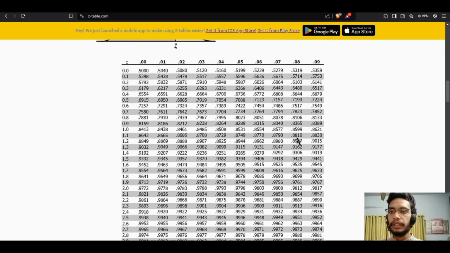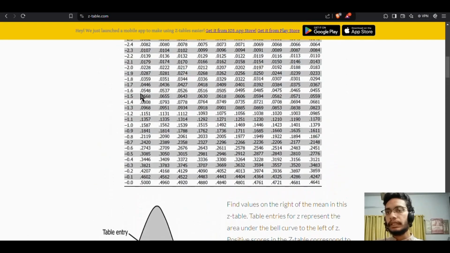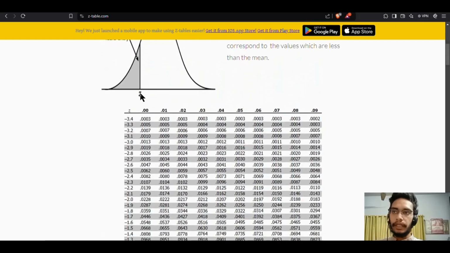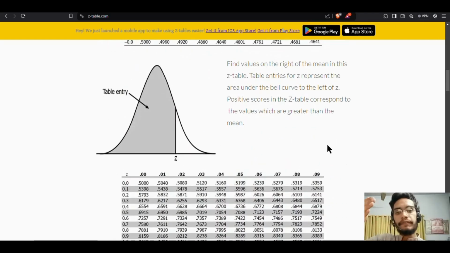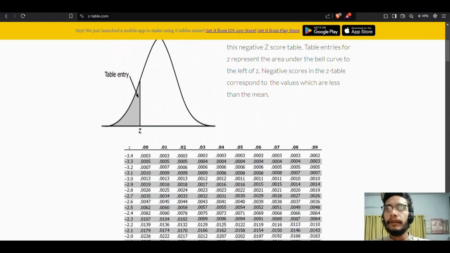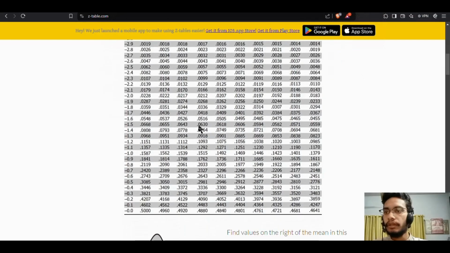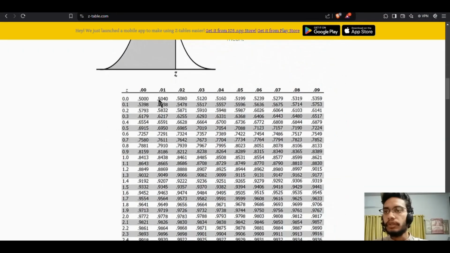These two tables represent the percentage of the values that are present on the left side of the mean, right? So what did we calculate here? We calculated 0.25. Now this 0.25, how are you going to look it up here? You have to just search for 0.25. There are two types.